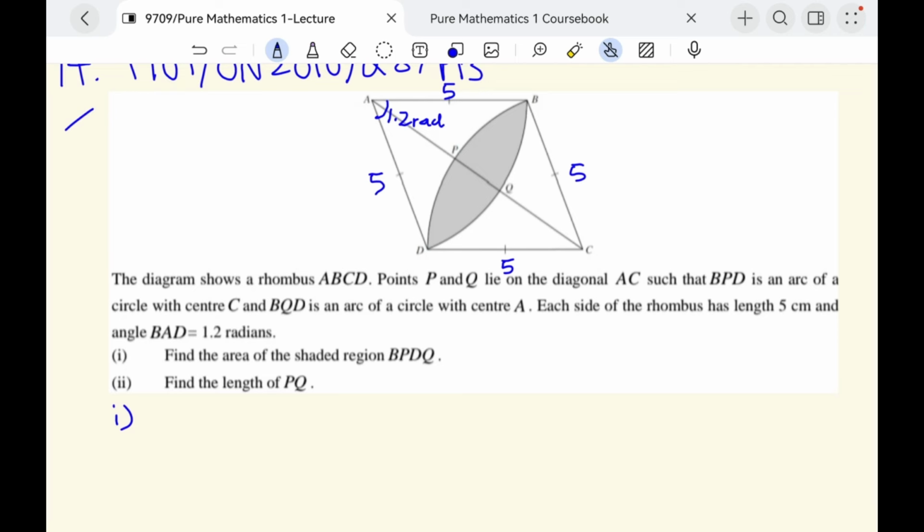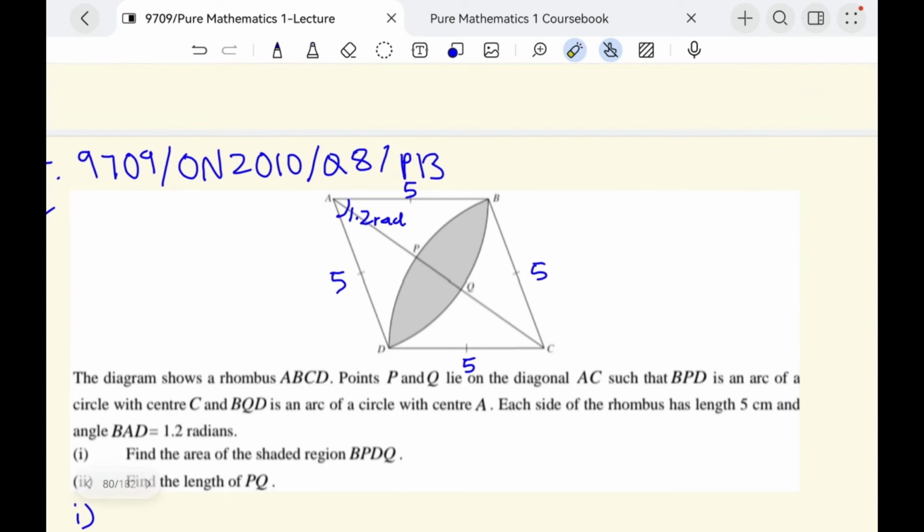Okay, so to find the area of the shaded region BPDQ, firstly you can focus on your arc first, and also you can separate it into halves like that. Let me recall how to find the area of a segment.